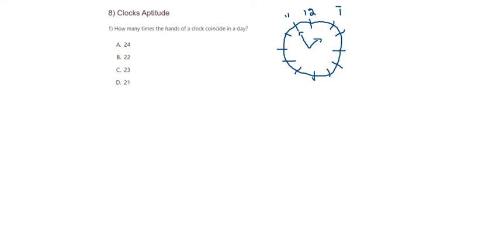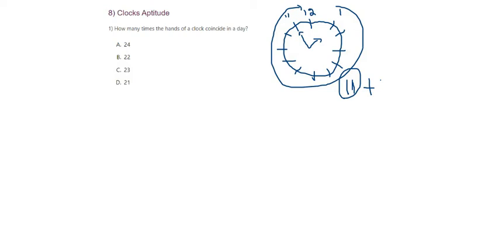So in every 12 hours, the hands of the clock will coincide 11 times. Can you see how it's 11 times? So 11 in one 12-hour format, because we are excluding 12, which will not come into consideration.